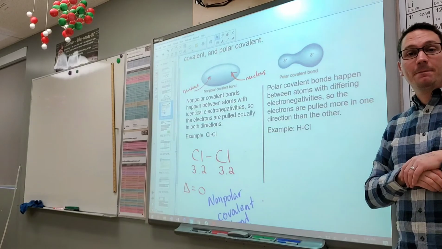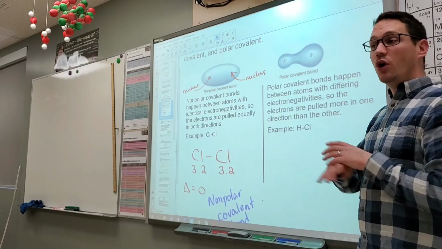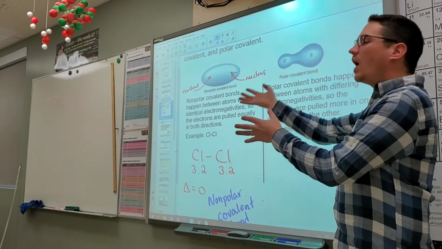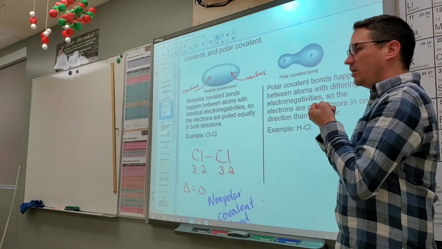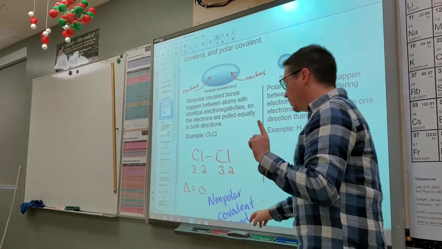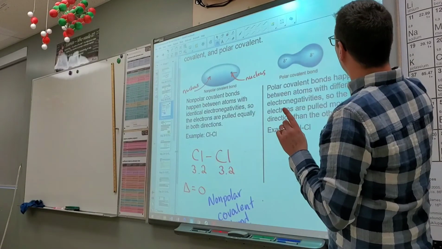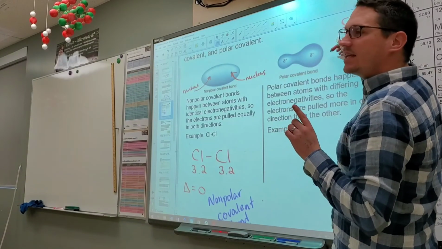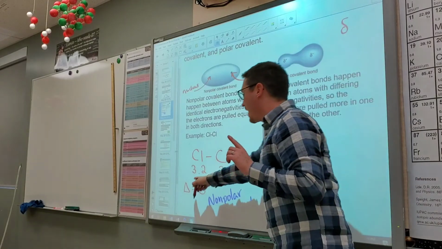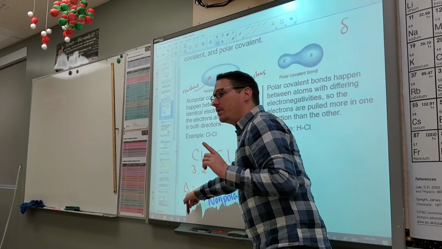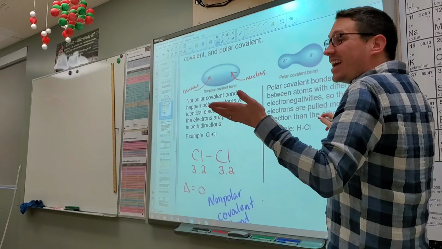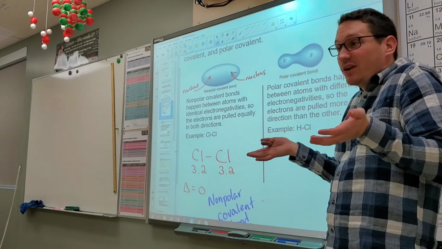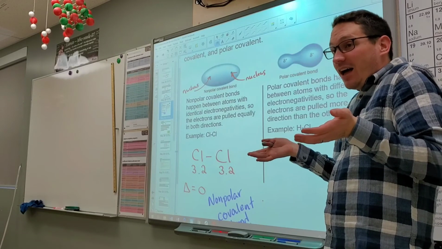Pardon? Yeah. So when we look at this, it's not an outright stealing of an electron, but you have it for a little bit longer. So we use the symbol lowercase delta. This is the exact same letter in the Greek alphabet as that. This is a capital letter, and this is a lowercase letter. Just like D and d are the same thing. Would you agree with me? Yeah.